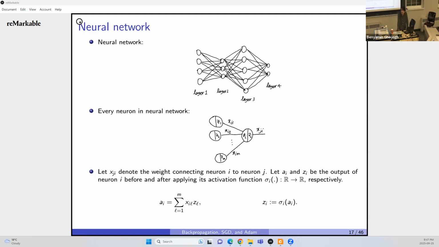Why? To minimize the error, and the error is dependent on the output of the neural network. So we have to go from output to the input, right? Hence the name back propagation, because it propagates backwards.